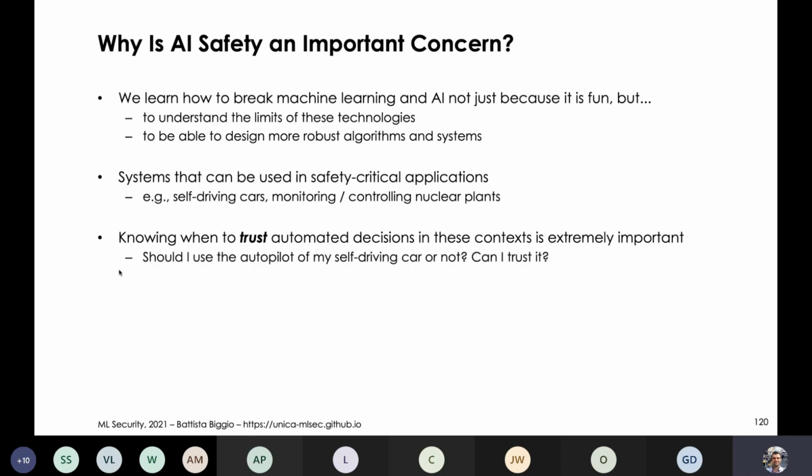And so knowing when we can trust these decisions is becoming extremely important. Think of a Tesla: under which conditions can you trust the autopilot or not? This is something which is not clear, even though a lot of people trust this autopilot mechanism.